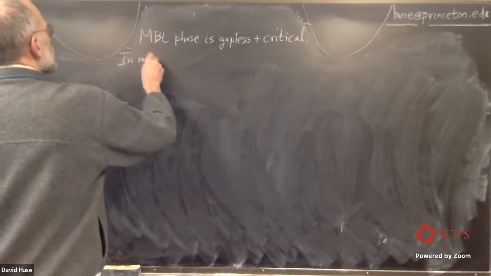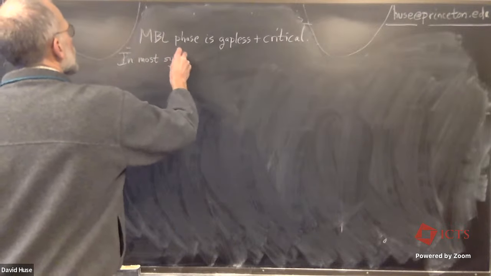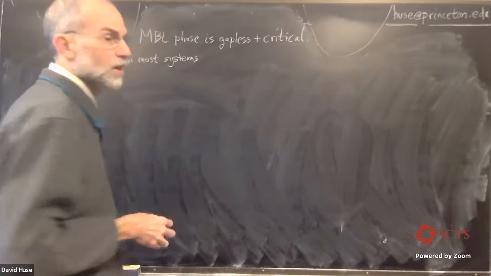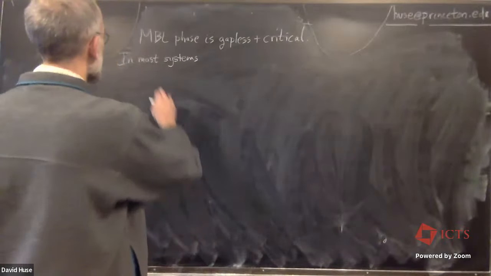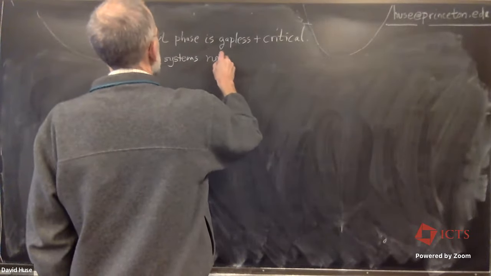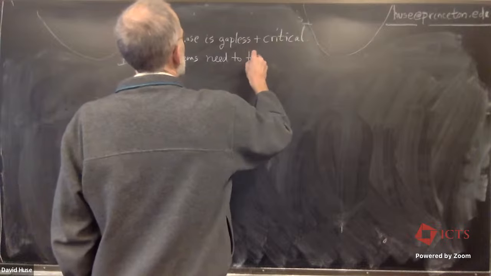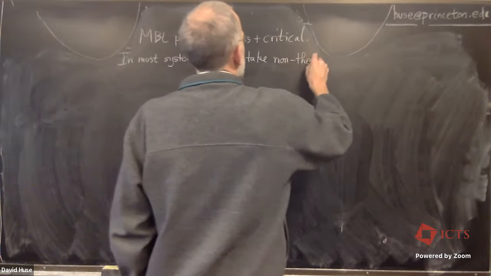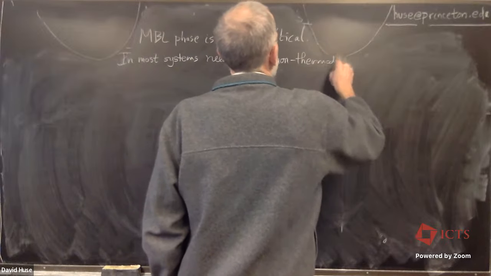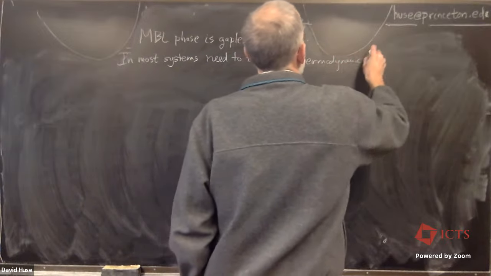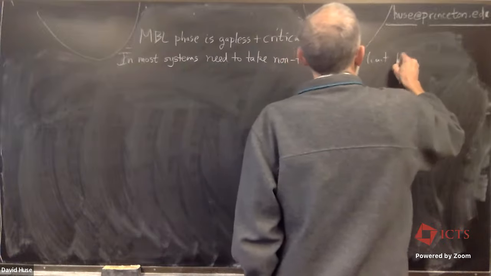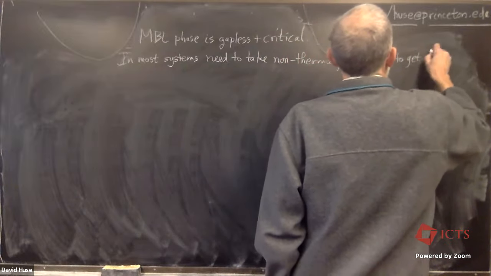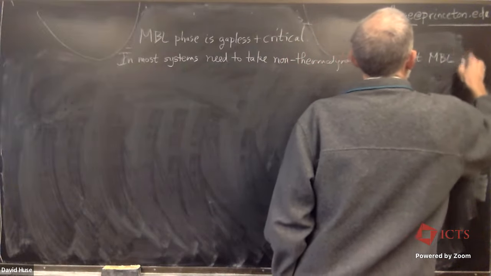In most systems, other than one dimension with short enough range interactions, you need to take a non-thermodynamic limit to get the MBL phase.